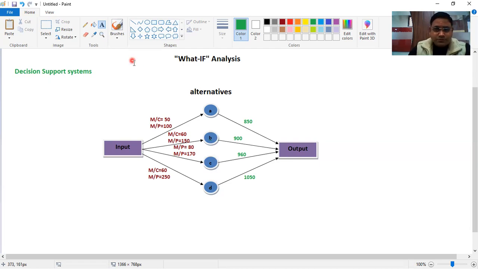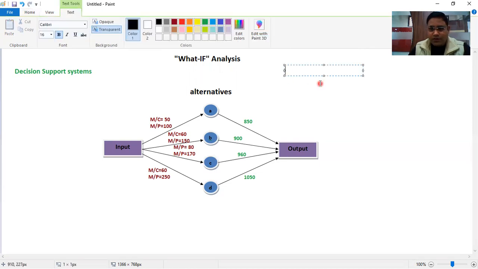In this what-if analysis, let us suppose there is one organization, one company, Bajaj. Their planning department has planned that in the month of December 2020 they will manufacture, let us suppose, 1,000 bikes.